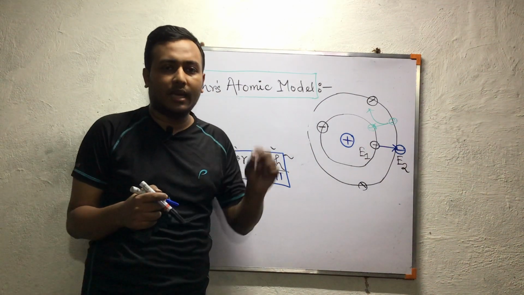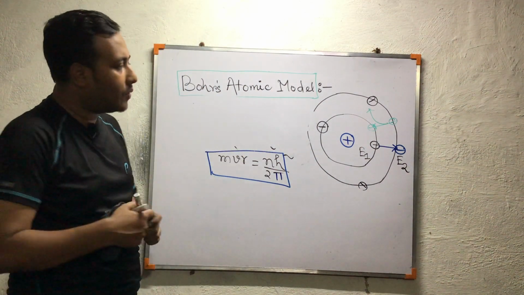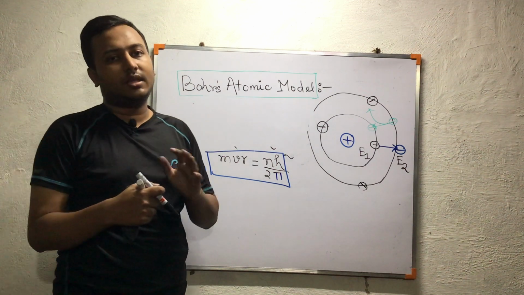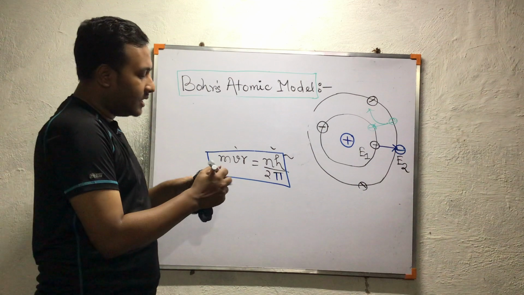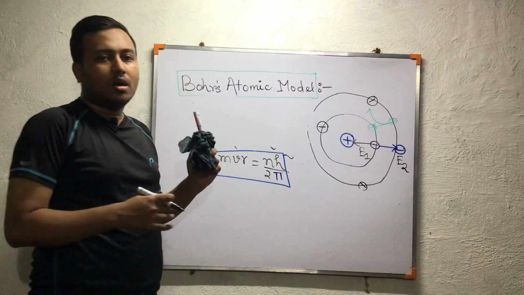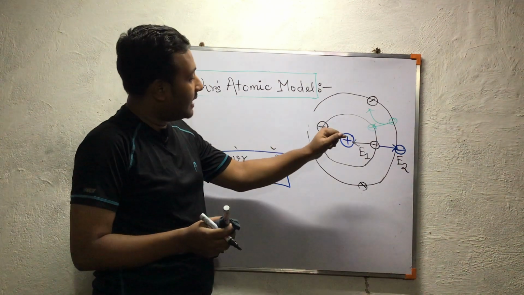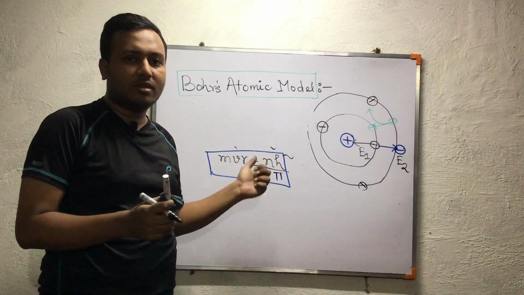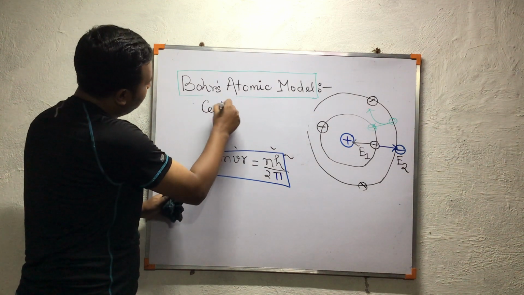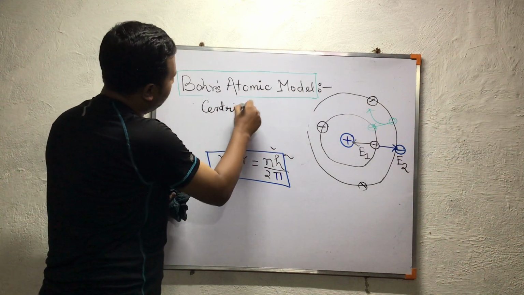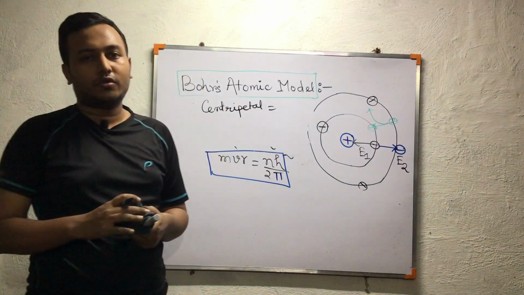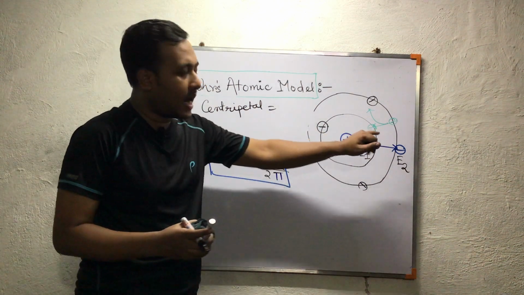When an electron is revolving in an orbit, it feels two kinds of force: centripetal force and centrifugal force. Centripetal force is the attractive force towards the nucleus or the center, which is nothing but the Coulombic attractive force between the nucleus and the electron.